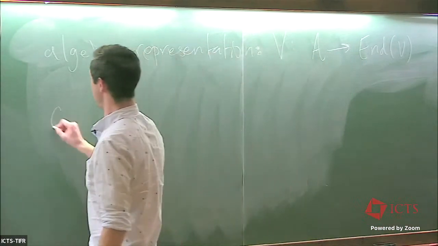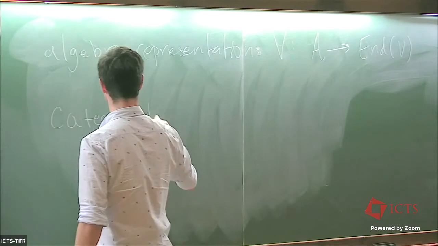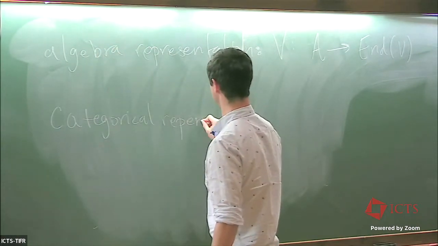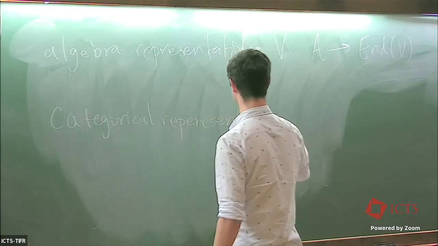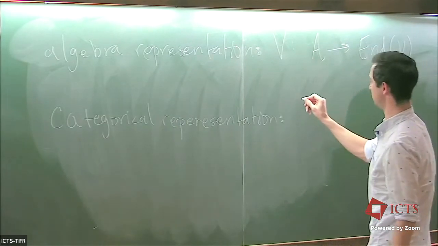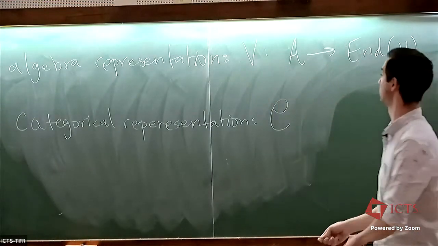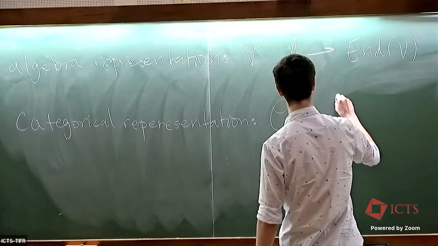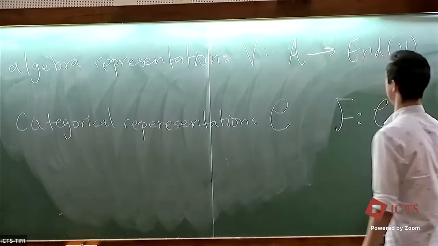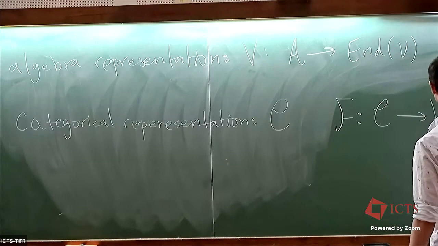And in this context, we're just going to do that one categorical level above, representation. What this is going to correspond to: I have my category C, and a representation is going to be a functor from C to the category of vector spaces.